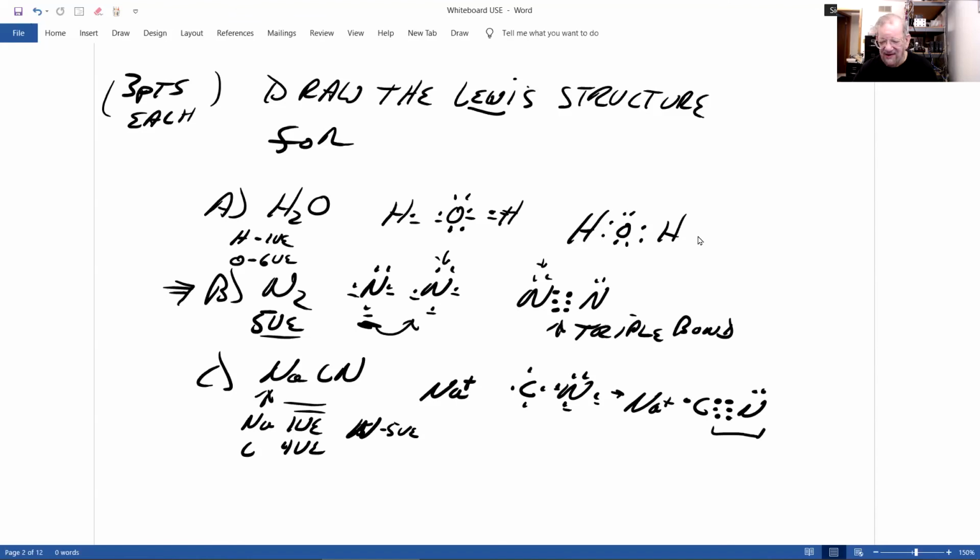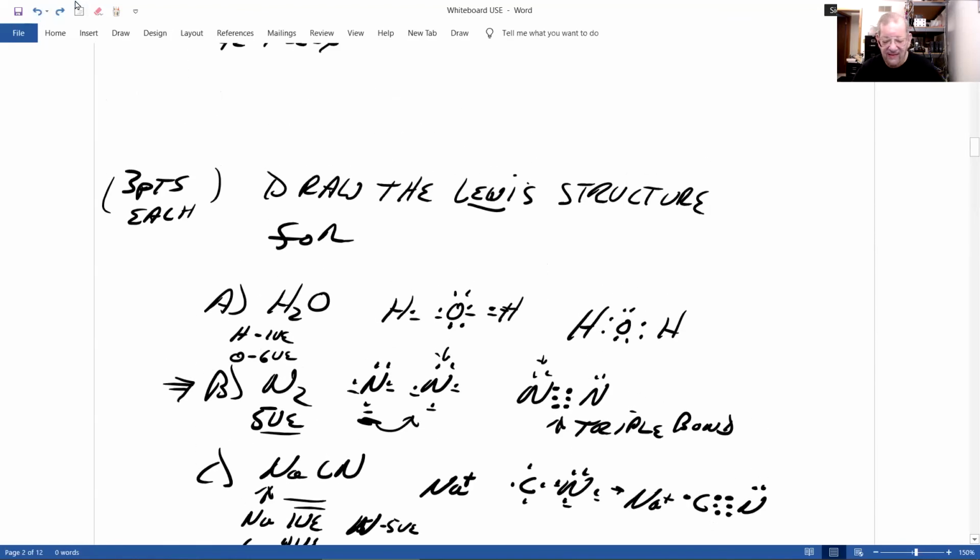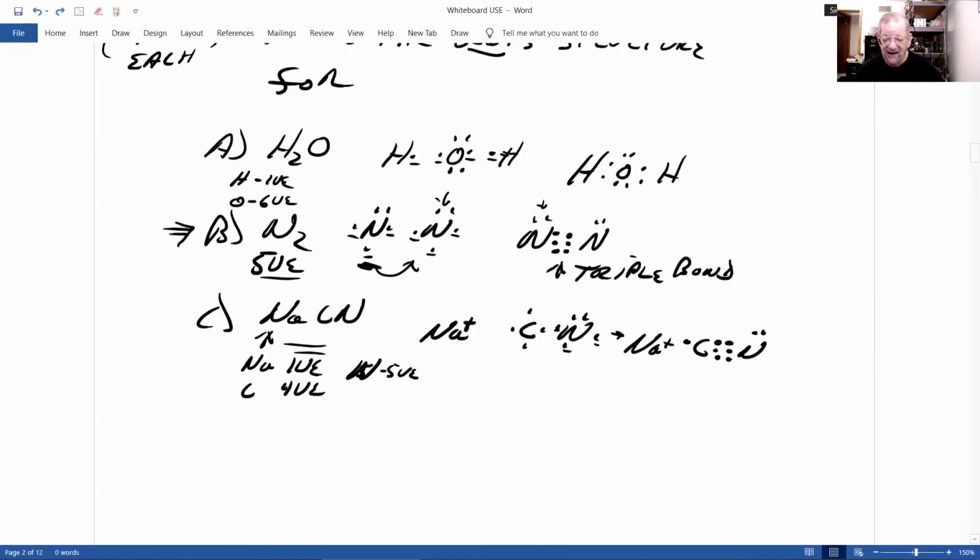If you notice right here, nitrogen has 2, 4, 6, 8. But if we look at carbon, it has 6 shared, but only 1. That's 7. It should have 8. Well, what happened to the electron from sodium?